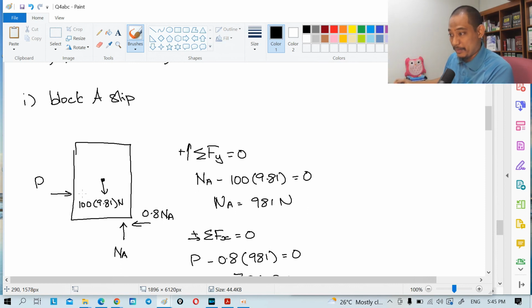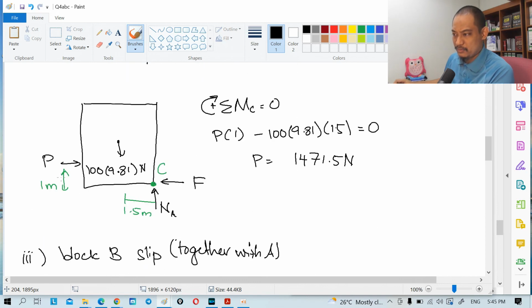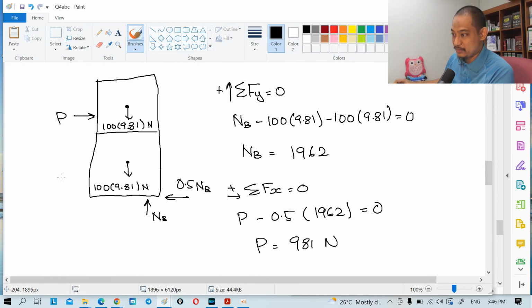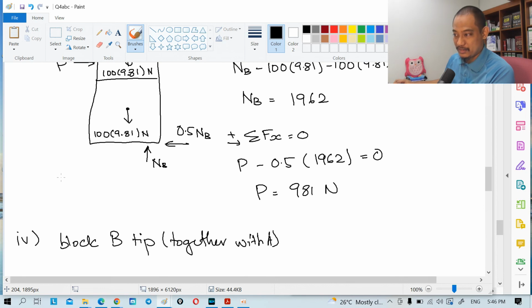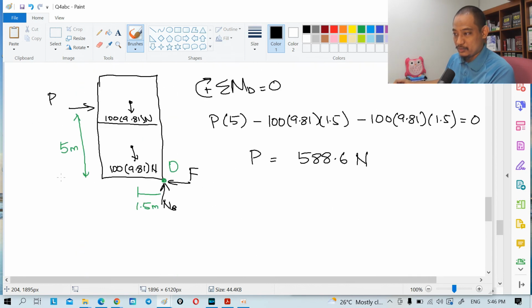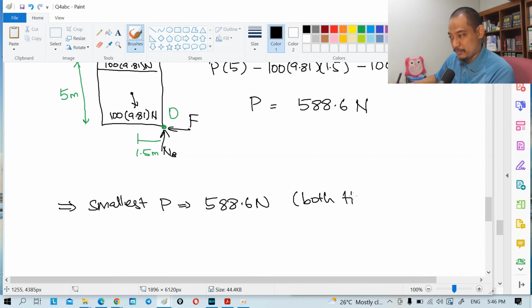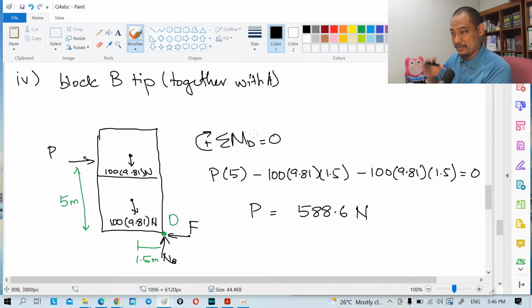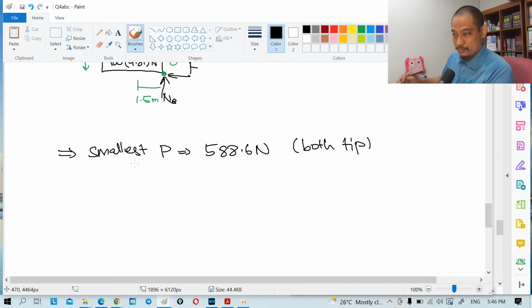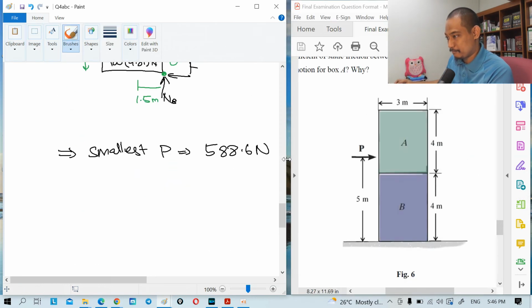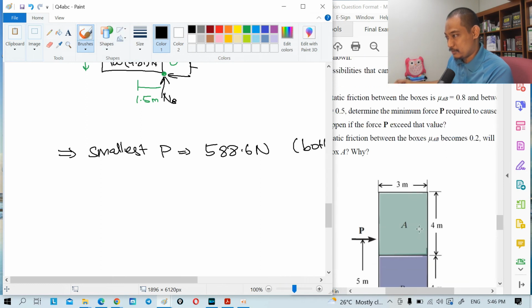So if you compare 784, 1000 plus, 981 and 588, the smallest P between the 4 is 588.6 Newton, when B tips together with A. So the question is what? What is the question?